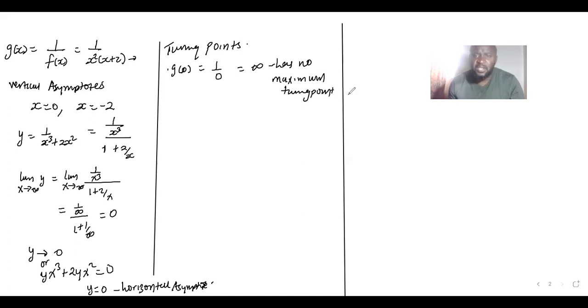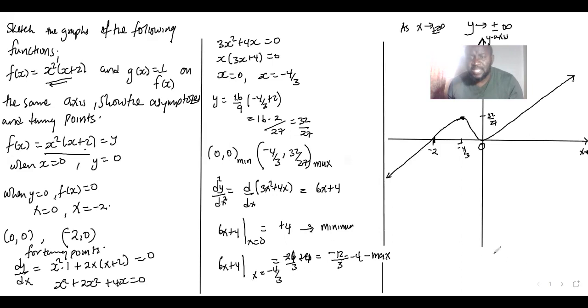It is because where 0, 0 was, it was a minimum turning point. And remember, I said if this gives you a minimum, the other one gives you a maximum in the notes. So because we are looking for the maximum of the other one, which is supposed to be at x is 0, when you substitute x is 0 in the other equation of the reciprocal, we are getting infinity. So it has no maximum turning point.